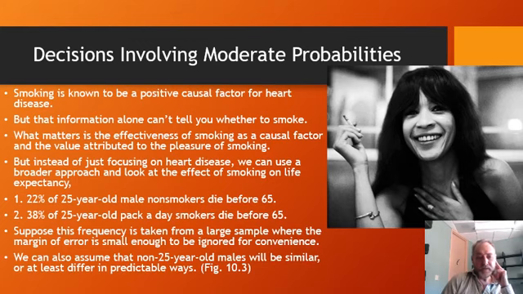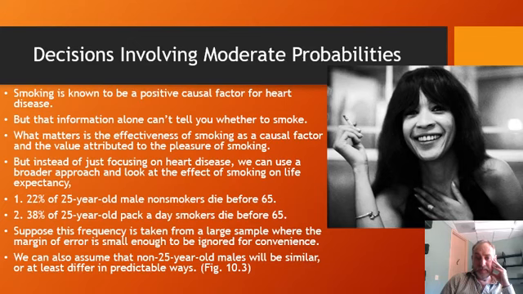Let's suppose that this relative frequency here is taken from a large sample and we can effectively ignore margin of error. Let's also assume that non-25-year-old males will be effectively similar, right? So if this only applied to 25-year-olds, well, that's sort of limited in usefulness, right?